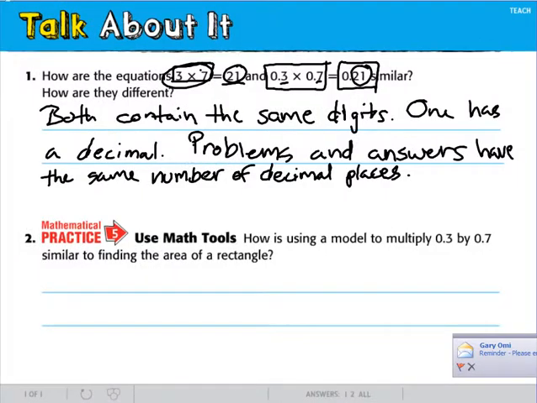So let's say I have a rectangle that is 3 inches by 3 inches long, and what other number do they have us using?